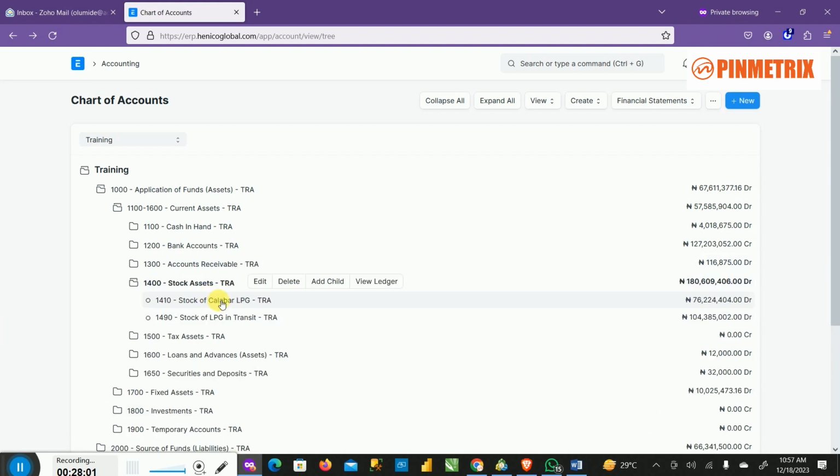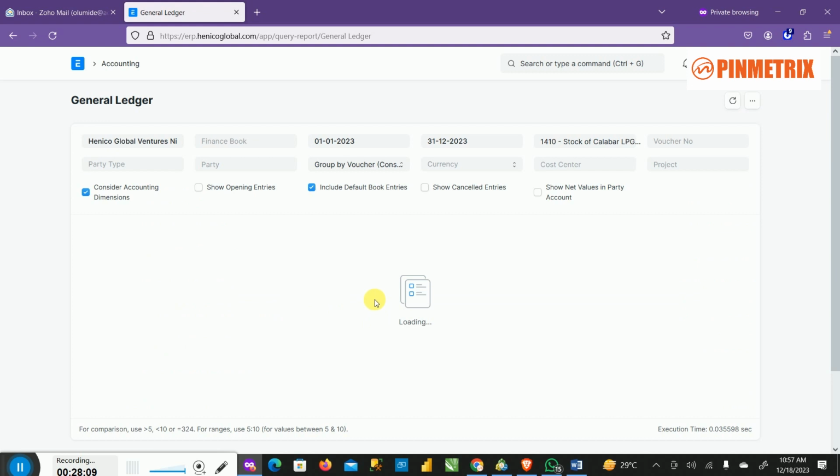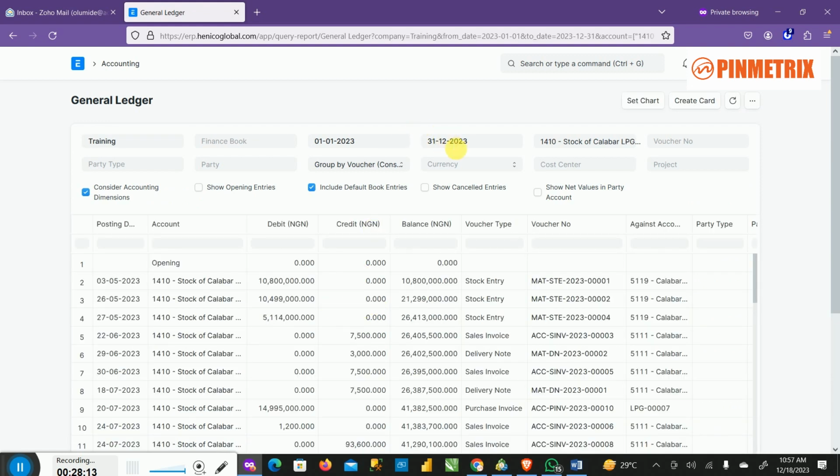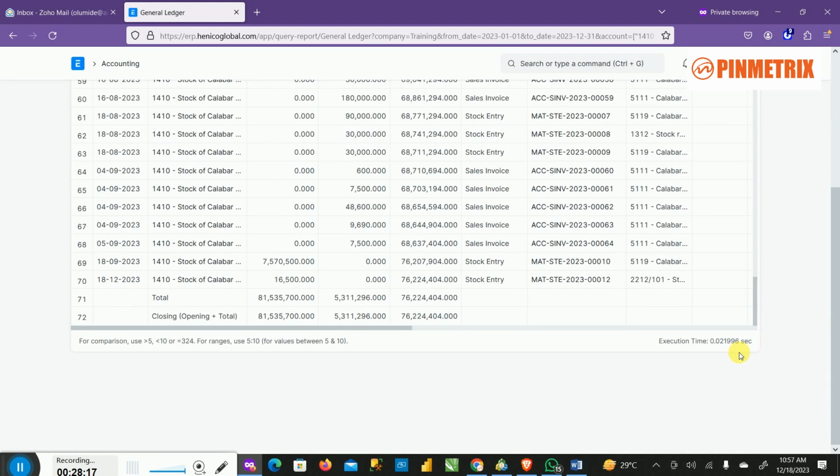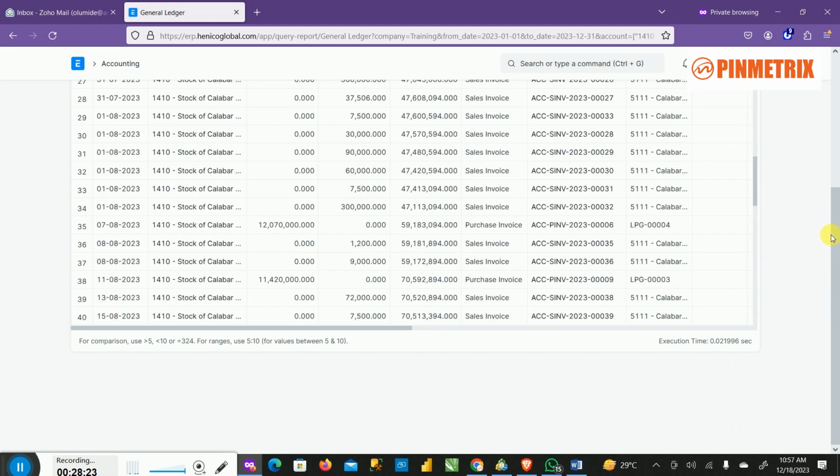Now let's view this. So this is as at this date. If I scroll down, did I change it to training?